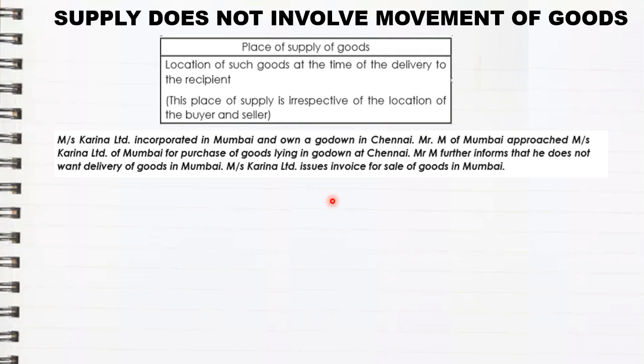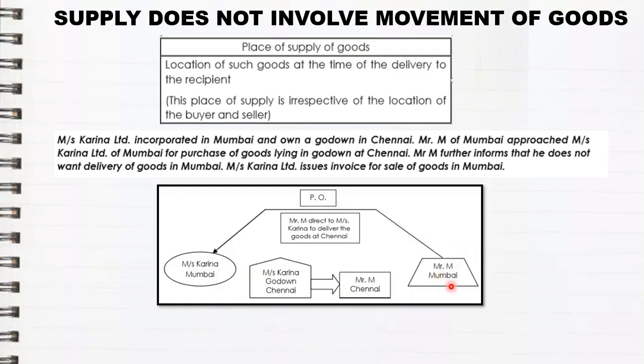So this particular example contains a rule, that is, there is no movement of goods. Whenever there is no movement of goods, the place from where the goods have been picked up will become your place of supply. Let us put this in a graphical form. Mr. M of Mumbai gave a purchase order to Karina Limited. Mr. M directs Karina to deliver the goods at Chennai itself.